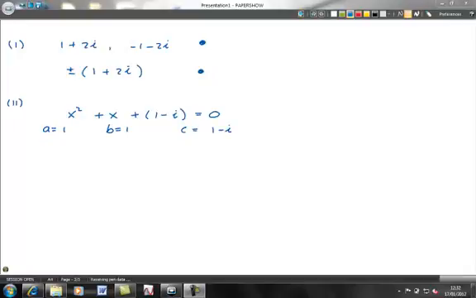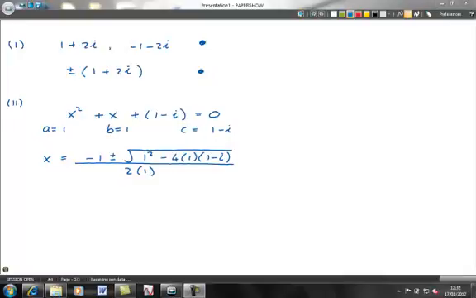To solve quadratics, I'll use the minus b formula, so x is equal to minus b, so minus 1 plus or minus the square root of b squared, so 1 squared minus 4 times 1 times c, which is 1 minus i, all over 2a.